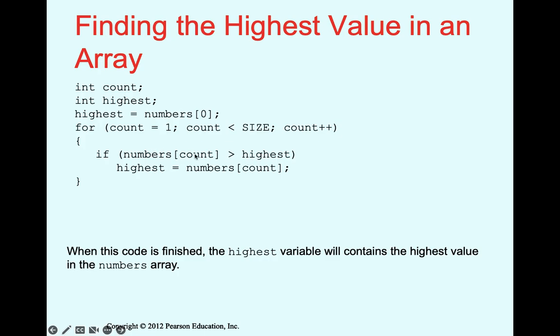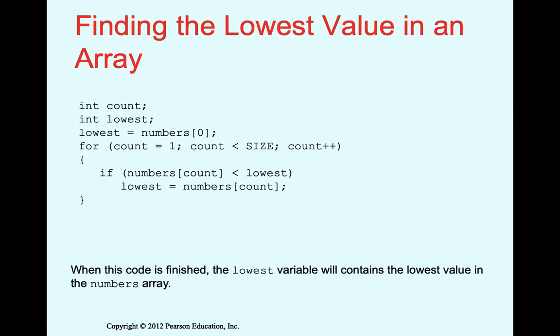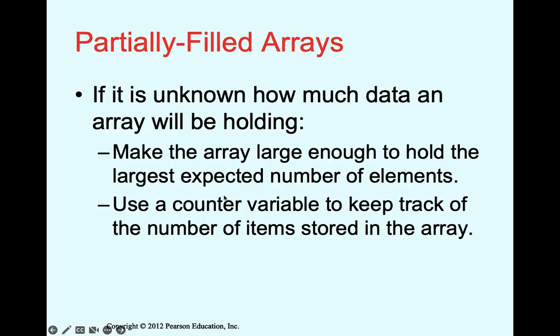If this is the highest, then it deserves to be the highest. Okay, so this is how to find the highest value in the array. For the lowest value in the array, it's the same way, you just have to compare. If it's smaller than the lowest, we keep track of the new lowest and so on.